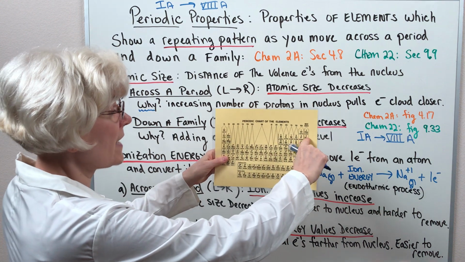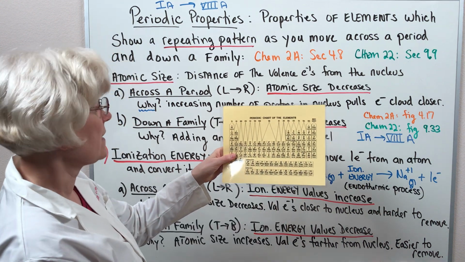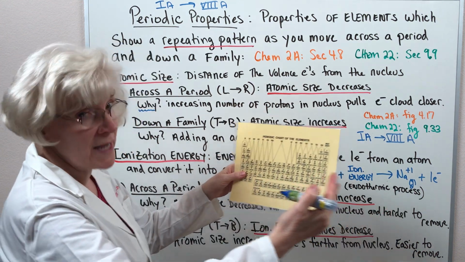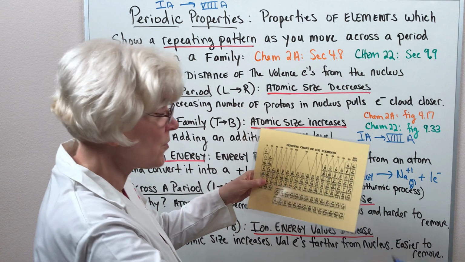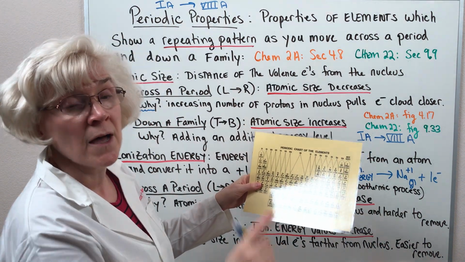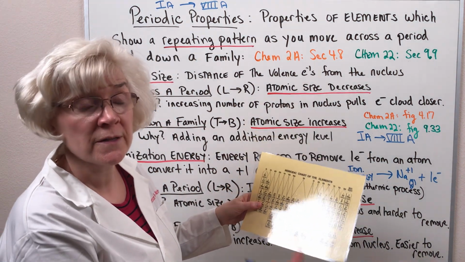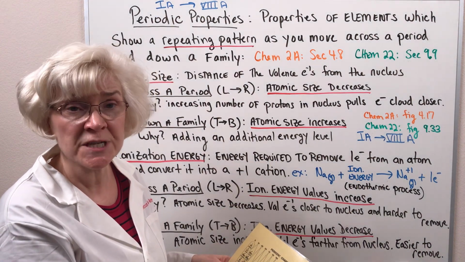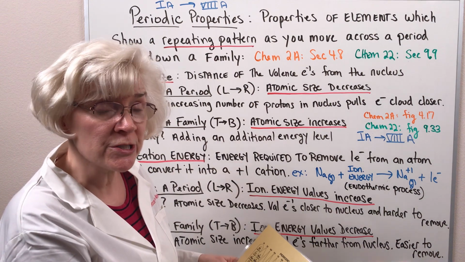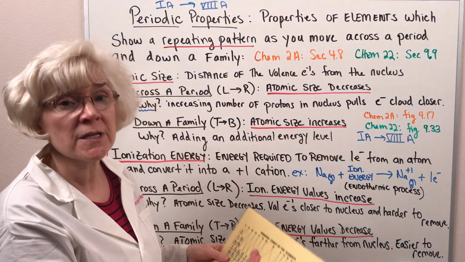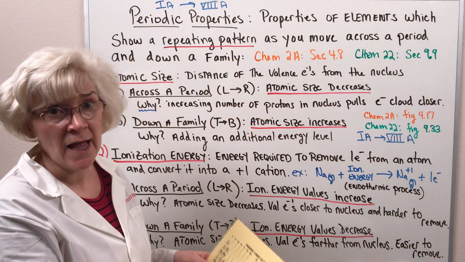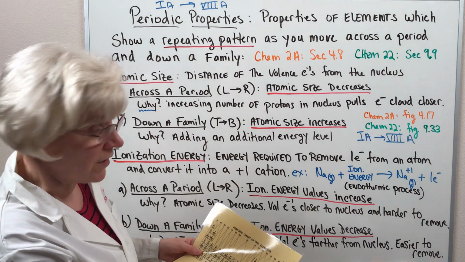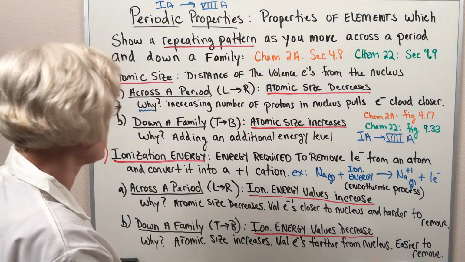But by the time you get to the other end of the period that lithium is in, neon, 10 protons, 10 electrons, even more neutrons than lithium. But neon is smaller than lithium is. This seems to be a contradiction. More particles, more subatomic particles, but a smaller size. How can we understand this? Less coming from more, smaller size coming from more particles.